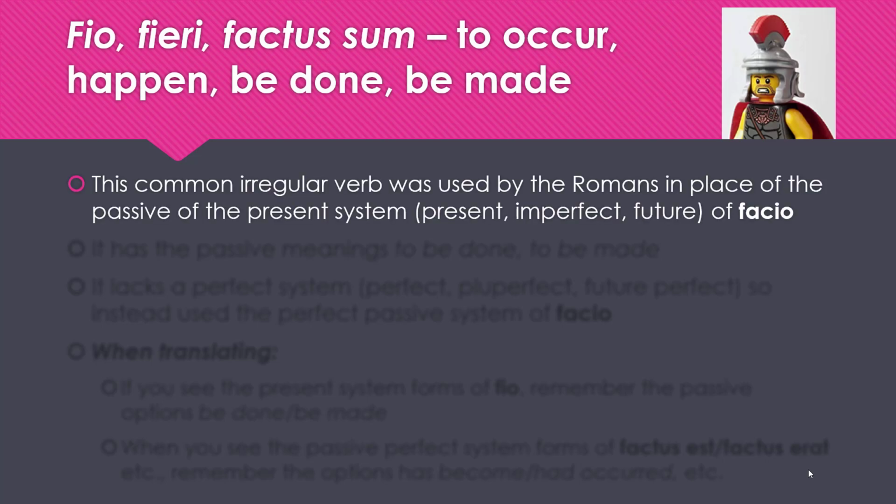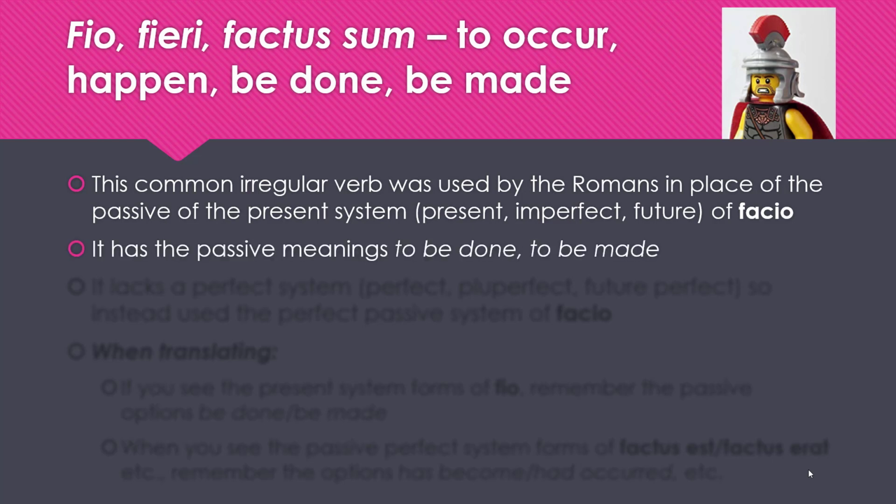Really, the main place that they used it was to replace the passive forms of the verb facio in the present system. So in the present, the imperfect, and future. Instead of using facio, which means to do or make, but then obviously the passive would be to be done or to be made, they just use this verb fio, which by itself means to be done or to be made or to occur, to happen.